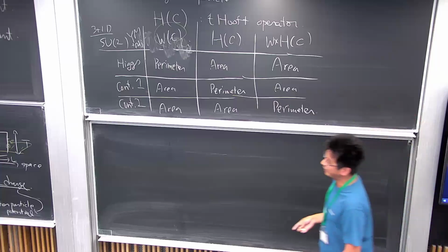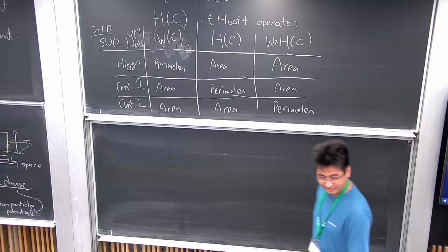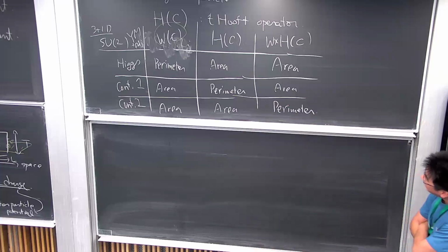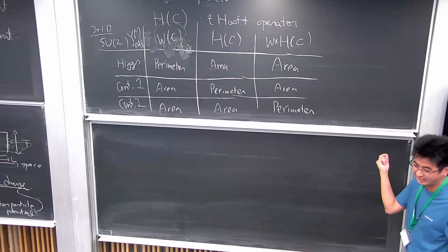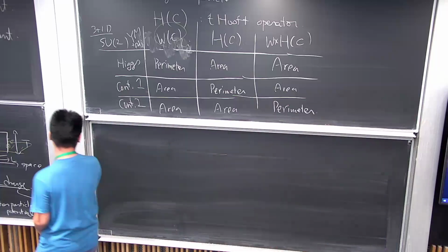I'm focusing on gapped phases. Maybe there are other phases, but not gapped. There are several Coulomb gapless states, but for gapped states, to my best knowledge, these are the only possibilities.